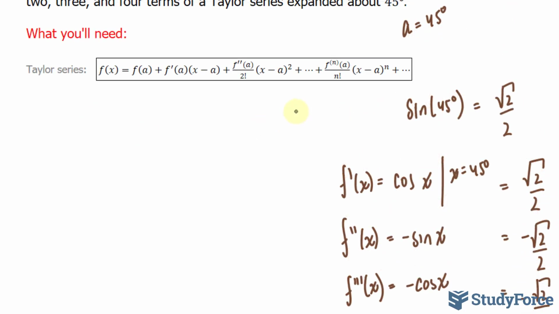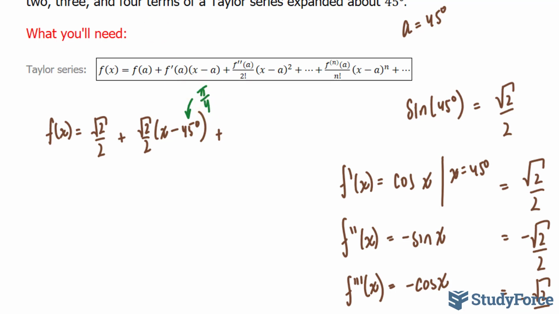I'm going to start to write my Taylor series. I have f of x is equal to f of a, which was the square root of 2 over 2, plus, and this evaluated at 45 gave us this, times x minus a, x minus 45 degrees, plus, or instead of 45, if you choose to use radians, you can replace this with pi over 4.